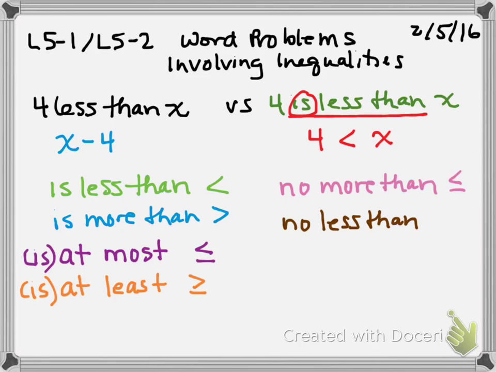You hear your parents, you can have no less than a C if you expect to drive in this house. Okay, in all your classes. So they're saying C is the minimum. It could be better. So that would be interpreted as greater than or equal to. So you could have that number or you could have more. Okay, so this is your minimum. So you can think of the words minimum, is going to be this kind of idea versus a maximum.